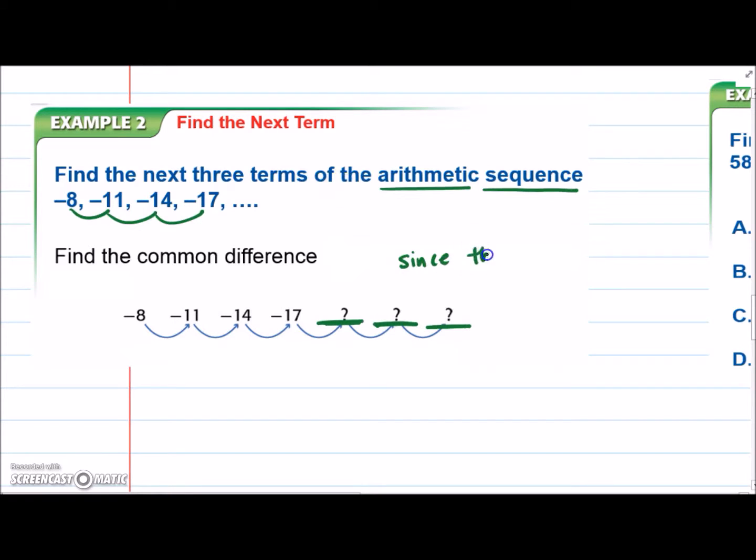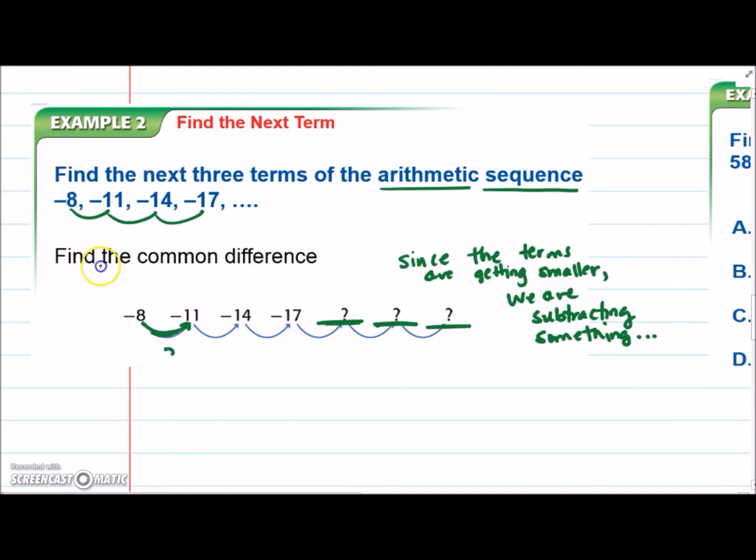Since the terms are getting smaller, we are subtracting something. So what are we subtracting? If I go from -8 to -11, you should agree those are 3 units apart, but I am subtracting because I'm getting smaller. Is -8 minus 3 equal to -11? Yes.